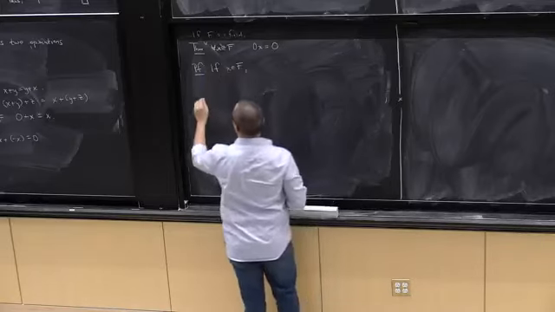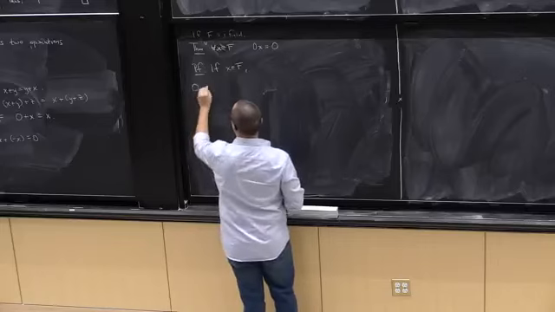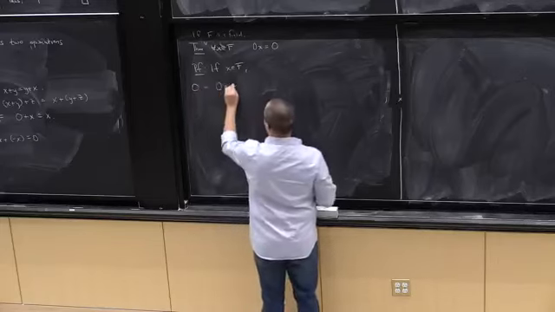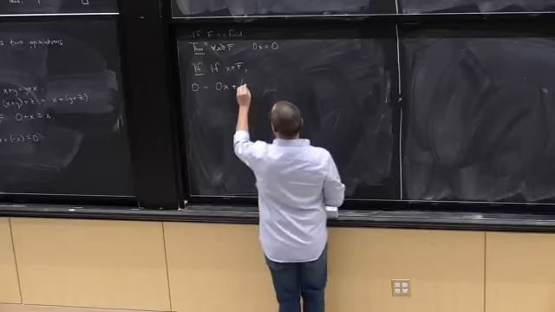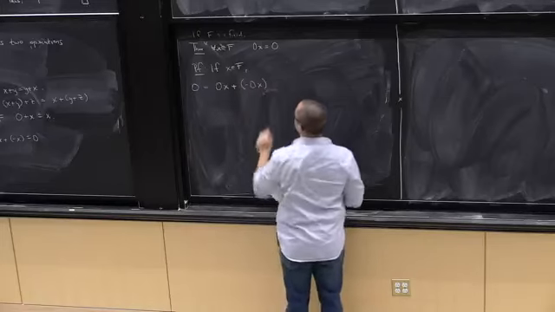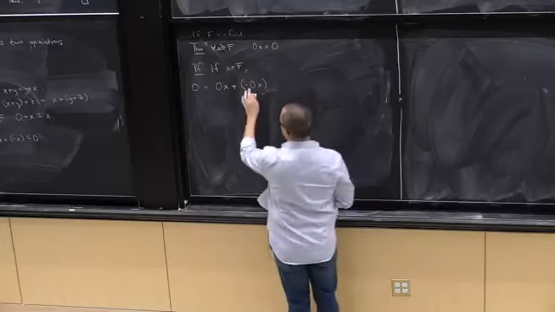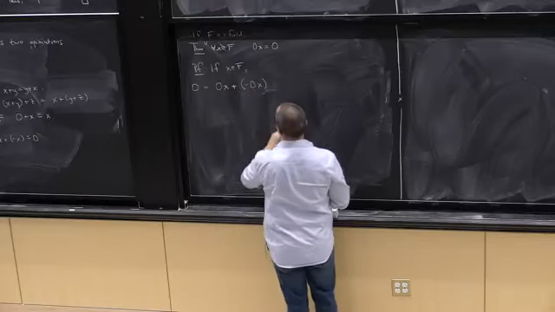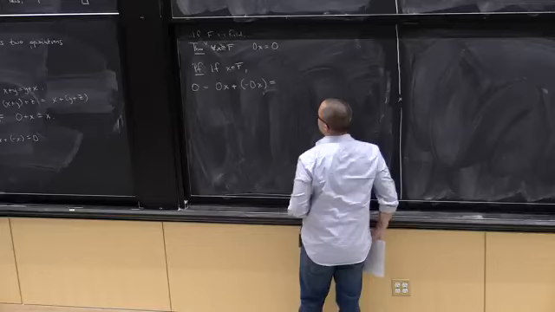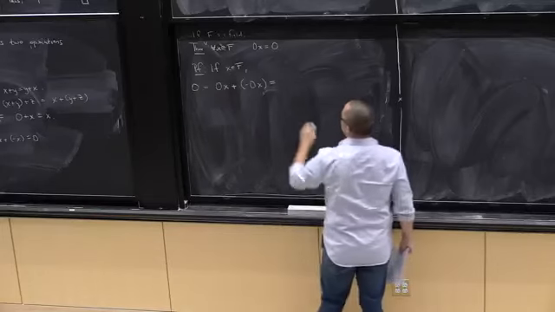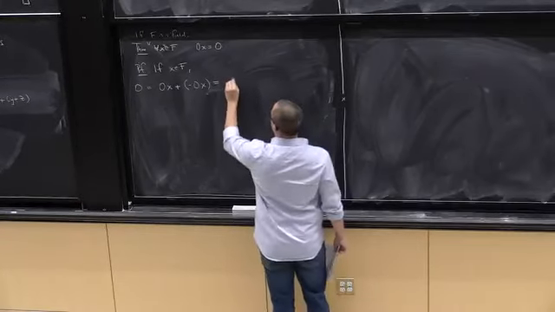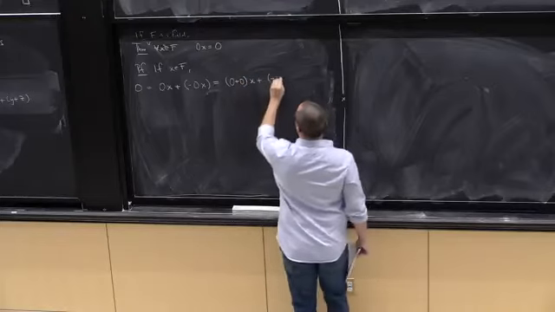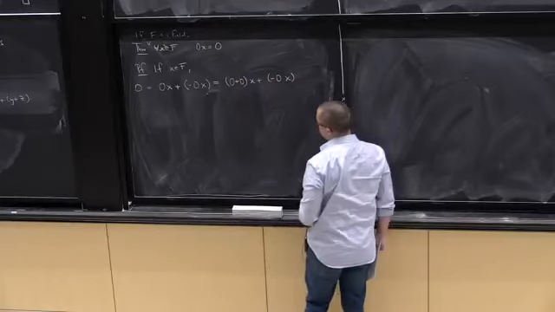If x is in F, then 0 is equal to 0 times x plus the additive inverse of 0 times x, because that's just the definition of the additive inverse. Every element has an additive inverse. And now 0 is equal to 0 plus 0, times x, plus again the additive inverse of 0 times x.